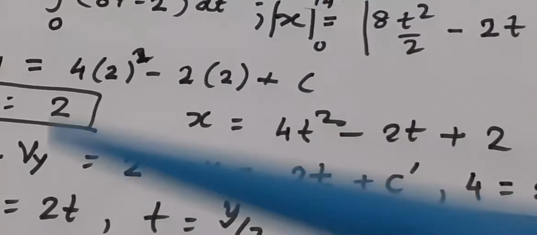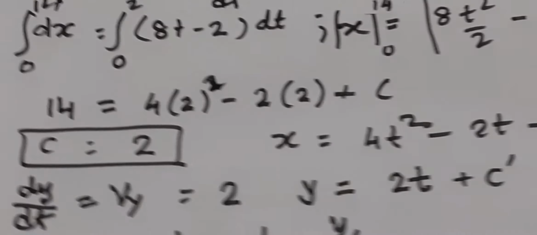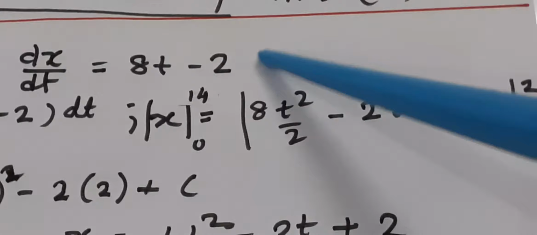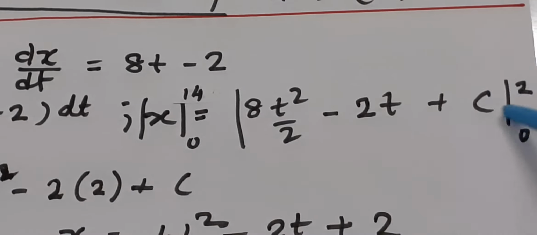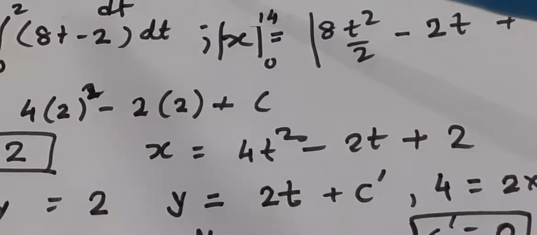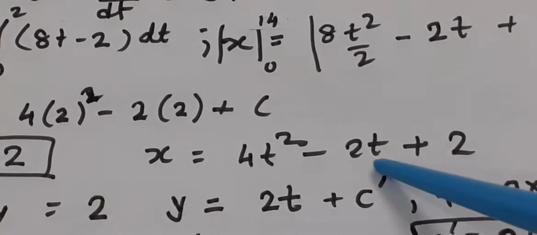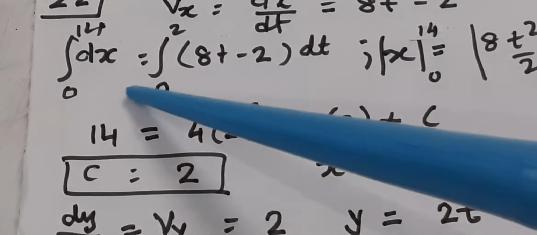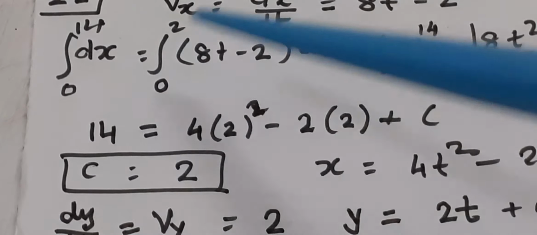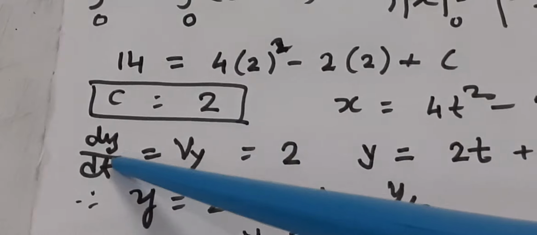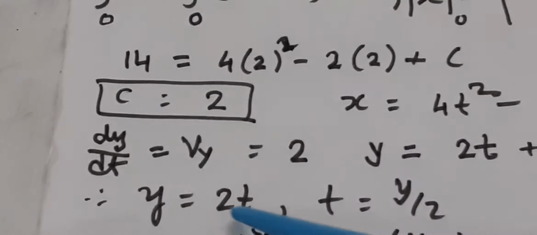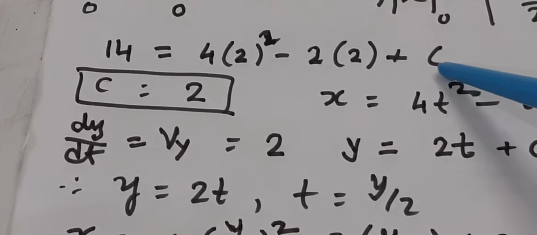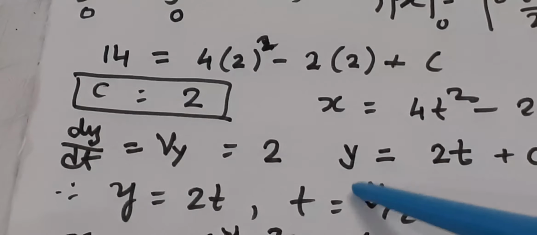And if we put the value of c here as 2, then the expression will be x equal to 4t square minus 2t plus 2. Now another equation is available from vy, dy by dt. This one is given as 2, so y will be 2t. Now here t will be y by 2.